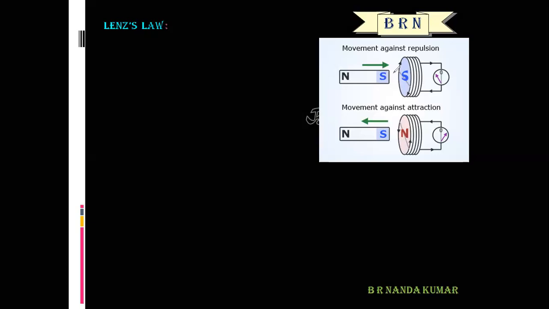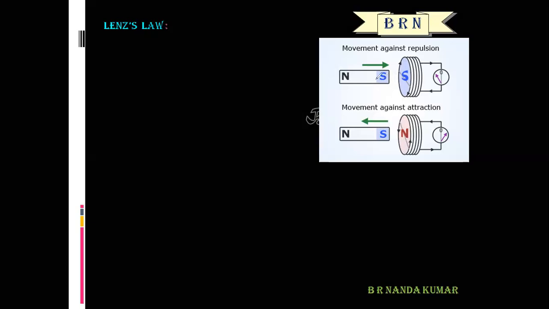This point is very important. When the EMF is induced in the coil, that EMF opposes the further change of the magnetic flux. Here the direction of induced current is clockwise, which means the face of the coil behaves like a south pole, right?